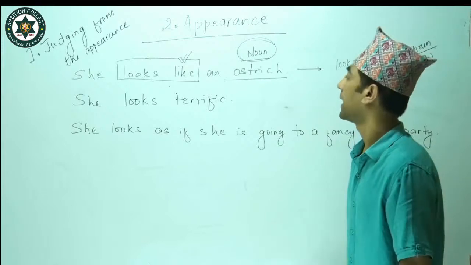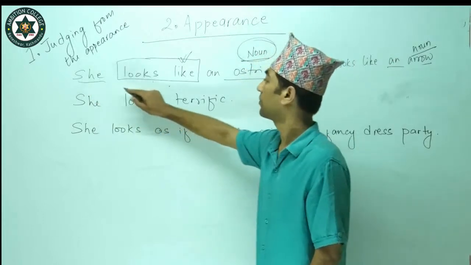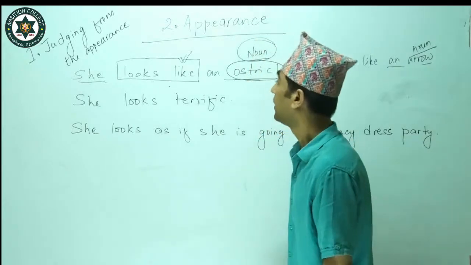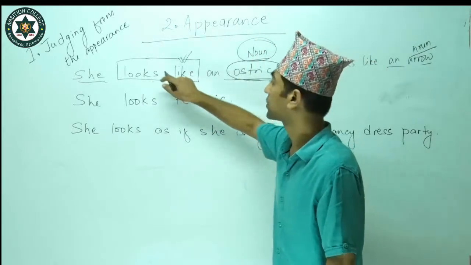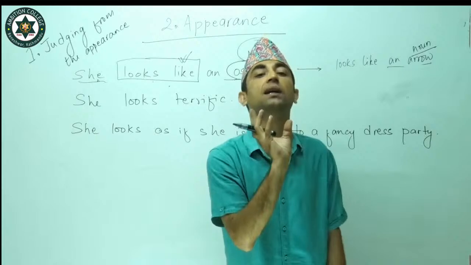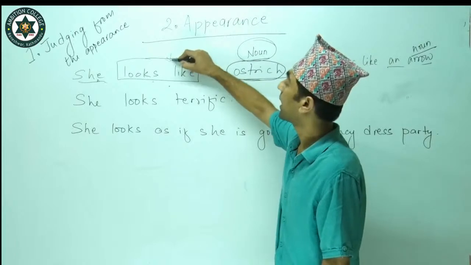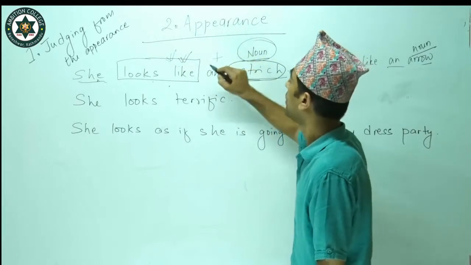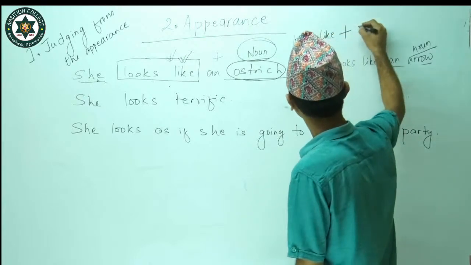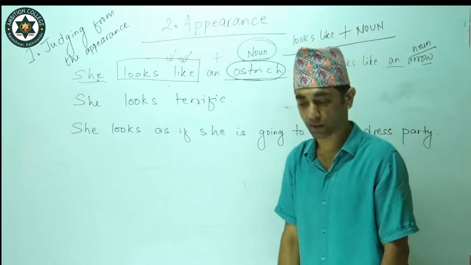What we are doing here is making a similarity between the subject and the later part of the sentence, the complement, right? They both are similar. This indicates that she and the ostrich are similar. So, whenever we use looks like, we are only supposed to use the noun. Looks like plus noun. It is not followed by any other part of speech.